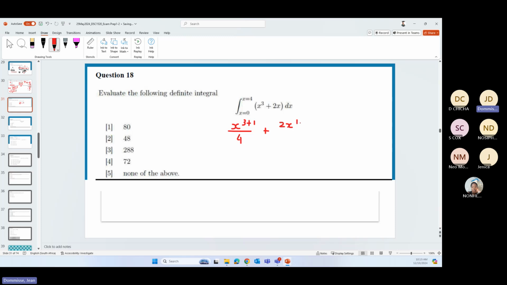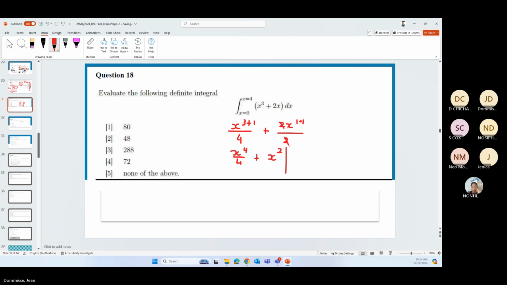Remember, it's 1 plus 1. So 1 plus 1 gives us 2. Okay, so I want to just write this in a simplified format. x to the power of 4 divided by 4. Not great that we have fractions, but that's fine. Plus, those two cancel out, so at least the second component is not that bad.